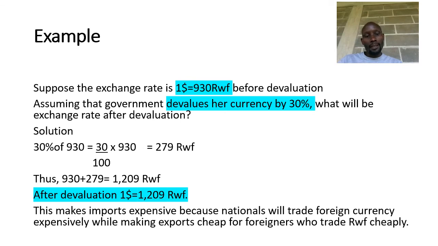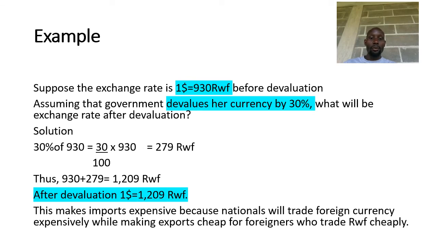Then the figure that we shall get, we shall add it to the former value of the Rwandan francs in terms of United States dollars. So we shall have 279 plus 930, which will give us a new exchange rate of 1,209. So after devaluation, our exchange rate will be $1 being equivalent to 1,209 Rwandan francs.